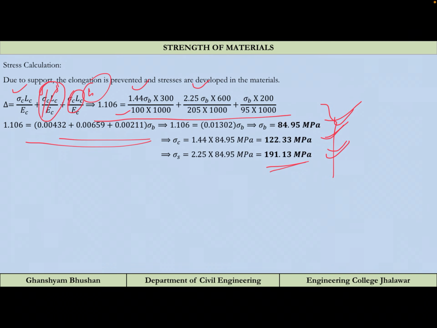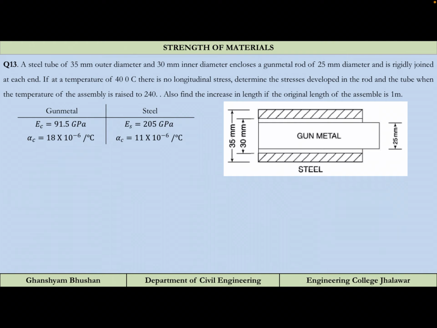Now let us see some different type of problems. A steel tube of 35 mm outer diameter and 30 mm inner diameter encloses a gunmetal rod of 25 mm diameter. Gunmetal is nothing but copper only, a different form of copper. It is rigidly joined at each end.